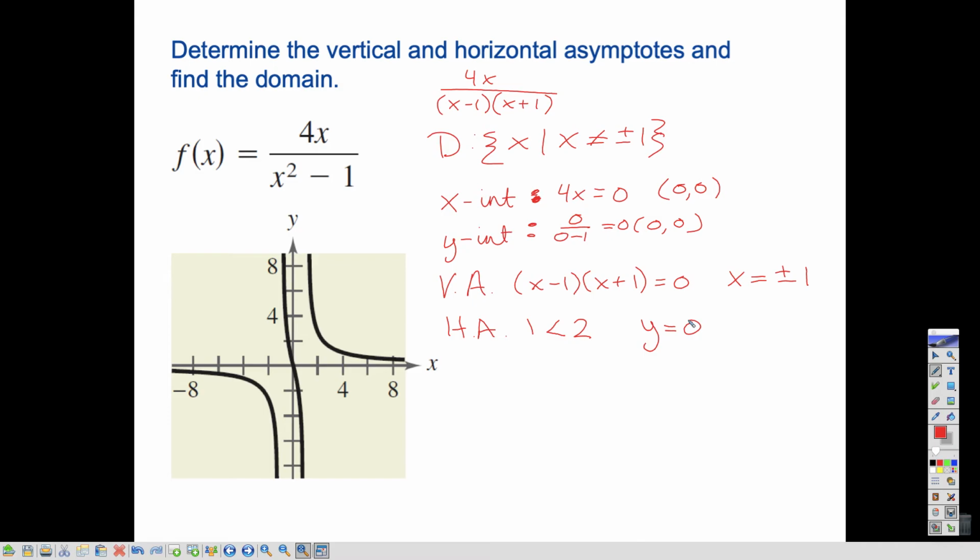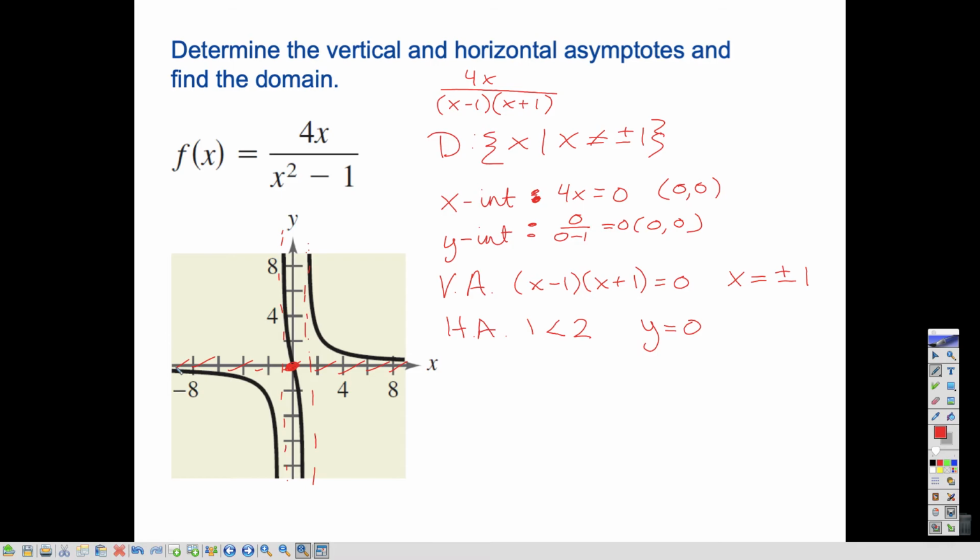So now at this point in our work, we would start putting some stuff on the graph. The x-intercept is 0, 0. Then the vertical asymptotes at 1 and negative 1. And then horizontal at 0. What I do on that is I just put slant.